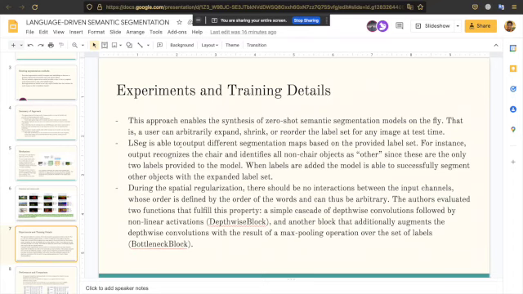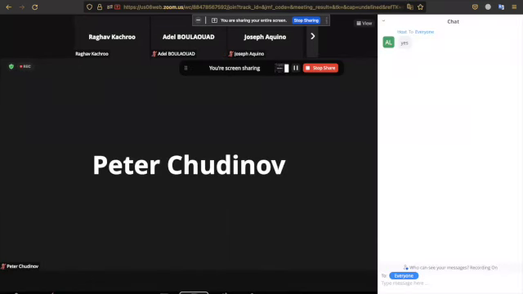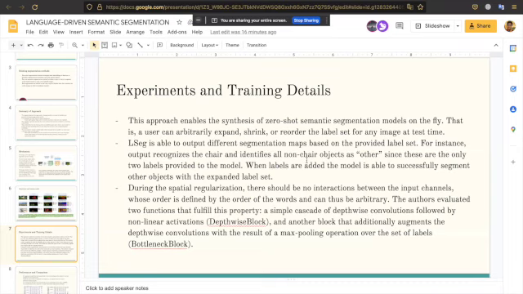One of the novel things about this model is that it enables the synthesis of zero-shot semantic segmentation models on the fly. So basically, what that means is the user can input, resize, shrink, and expand the label set of any image at any time.